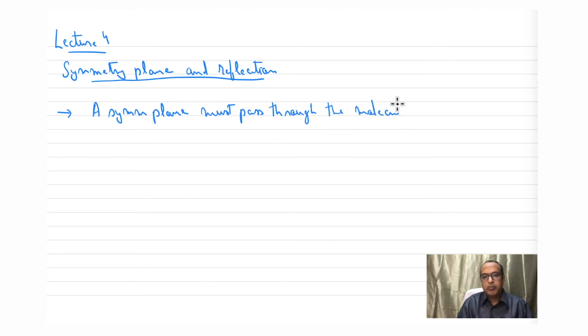So it should pass through or cut through the molecule, not lie outside the molecule, or any object under study. If you're studying something else, not the molecule but any object, the symmetry plane must pass through the object under study.